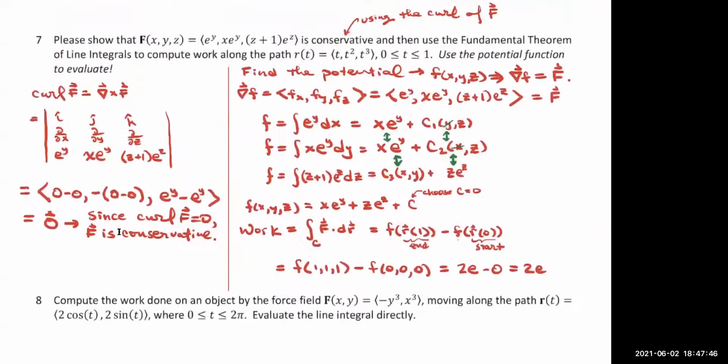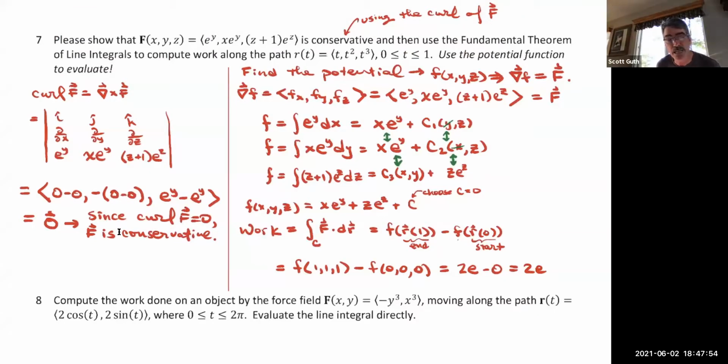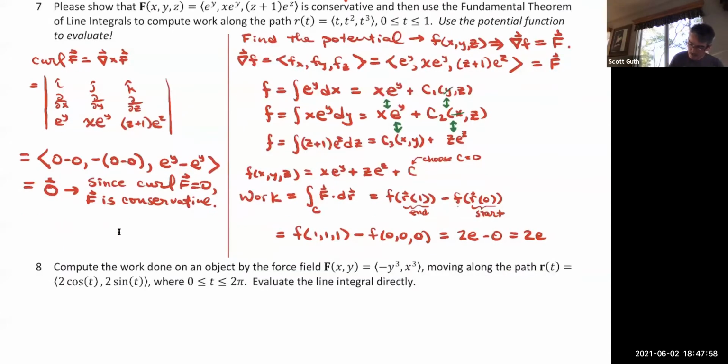Any questions there? We can choose C to be 0 always to do that? You can pick anything you want for C and it'll cancel out anyway, because this one ends up with a plus C and this one ends up with a plus C and they subtract out. It's the same thing as when you do an antiderivative and you always put a plus C there, right?